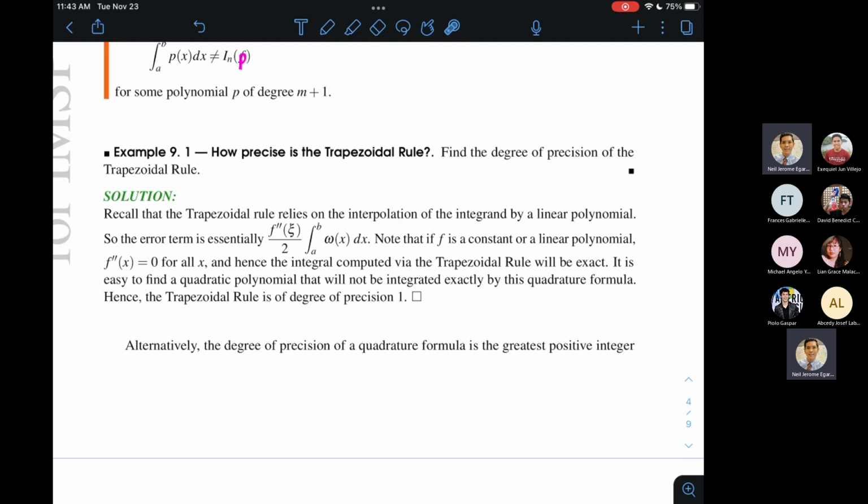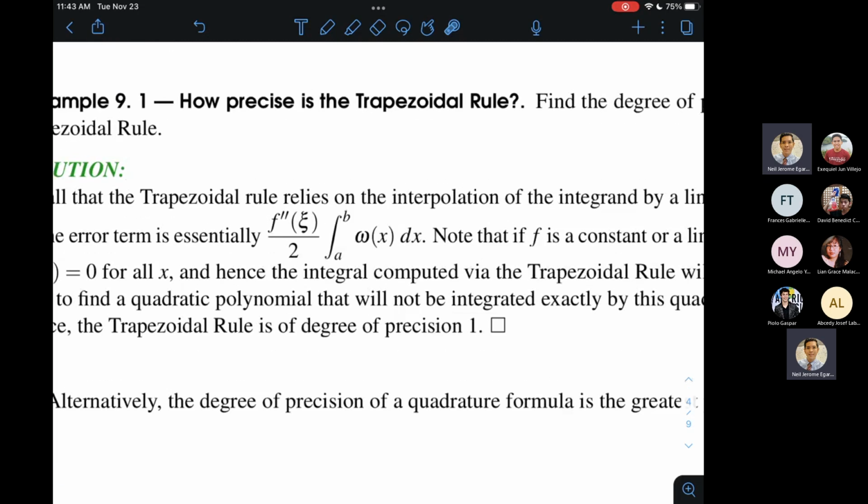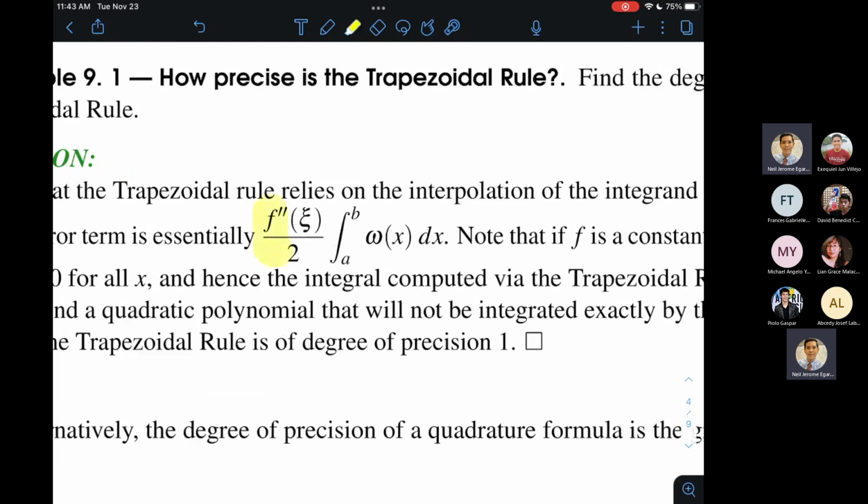What is the error term in the trapezoidal rule? Remember that the error term in the trapezoidal rule is equal to this guy. Okay? Then we want to see which polynomials always make the error zero. Okay, so we ask, what are the polynomials for which this is 0?